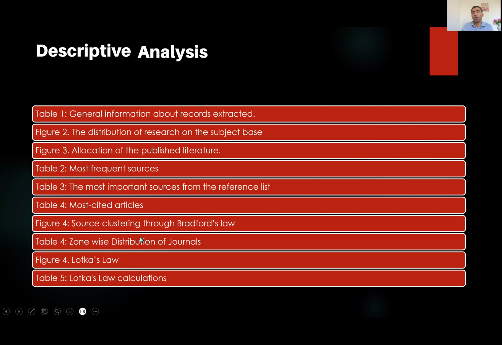All these are different descriptive analyses, which I will be going through, how we can extract that and how we can report them in our data analysis or data extraction.